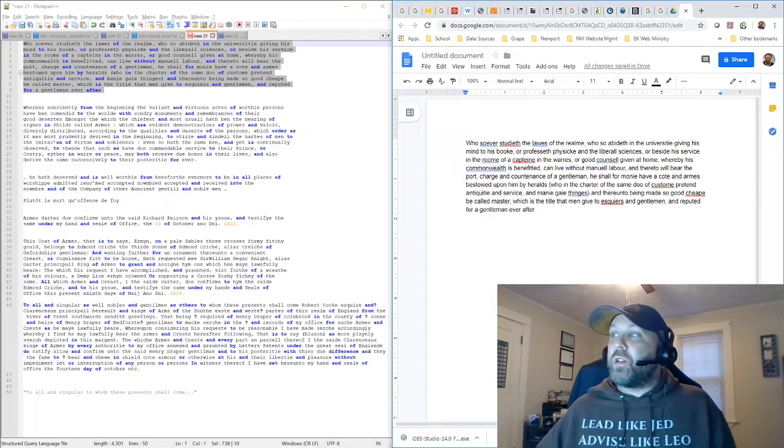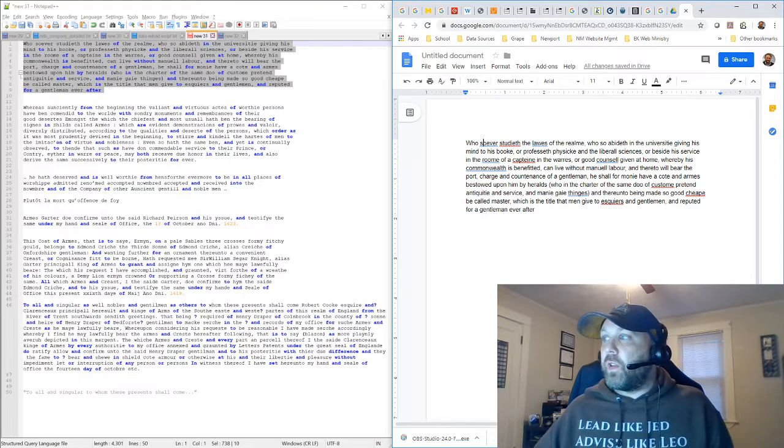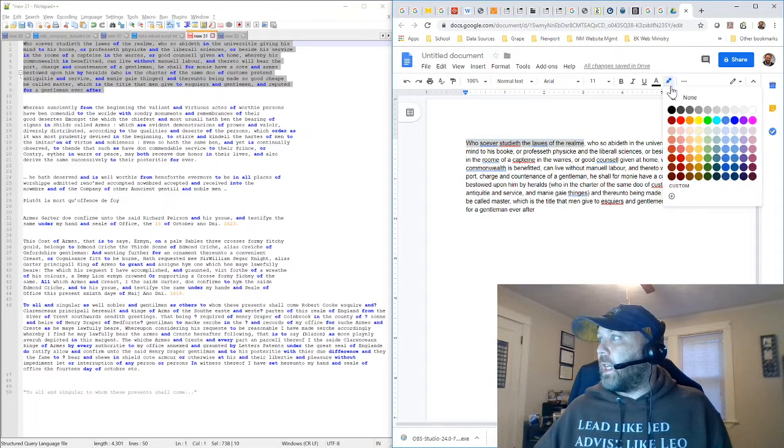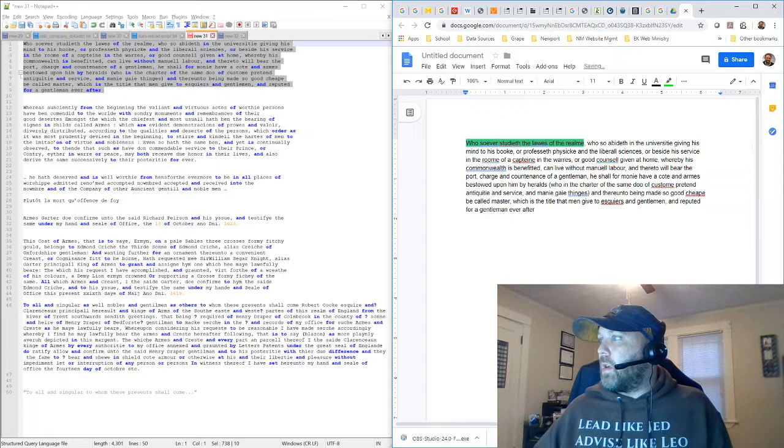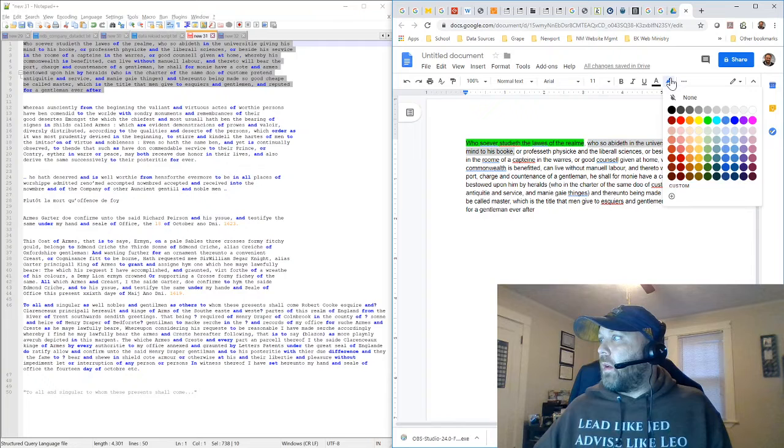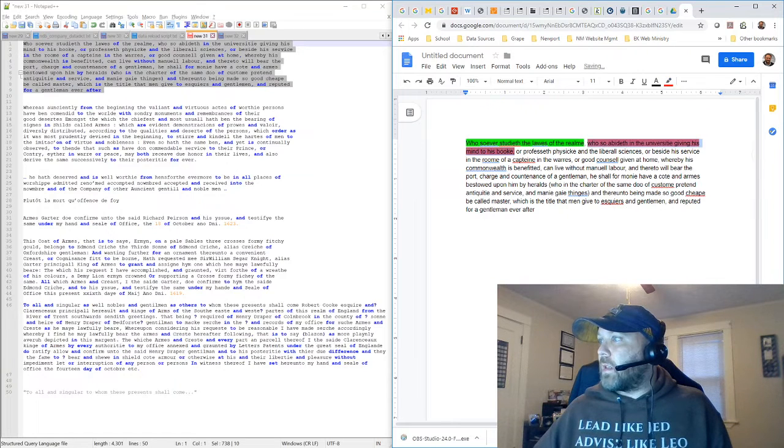But when we're talking specifically about service, I like this bit about studying the laws of the realm, so I think we're going to keep that. Let's see, 'whoso abideth in the universitie, giving their mind to his book,' no. We're going to nix that.